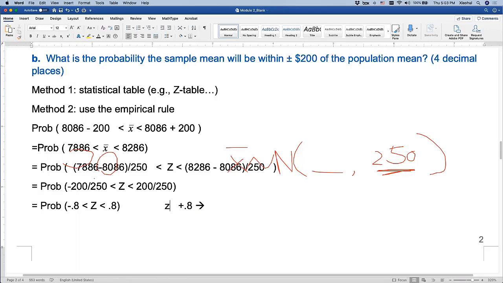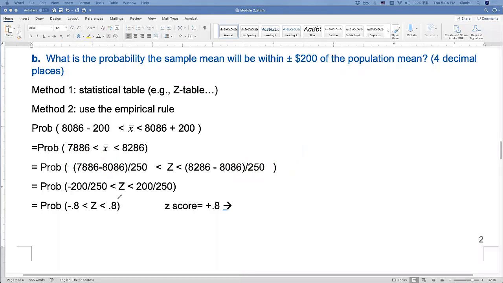I'm going to find the probability corresponding to this 0.8. The reason I'm doing that is because I've already done this last time, but I'm going to do it again in case. We want to find a probability in between.